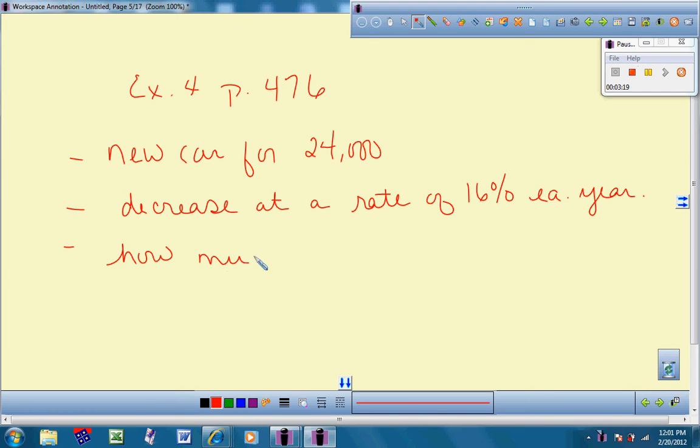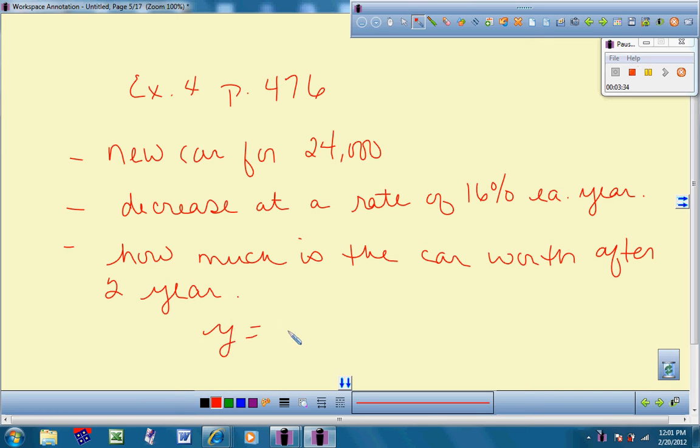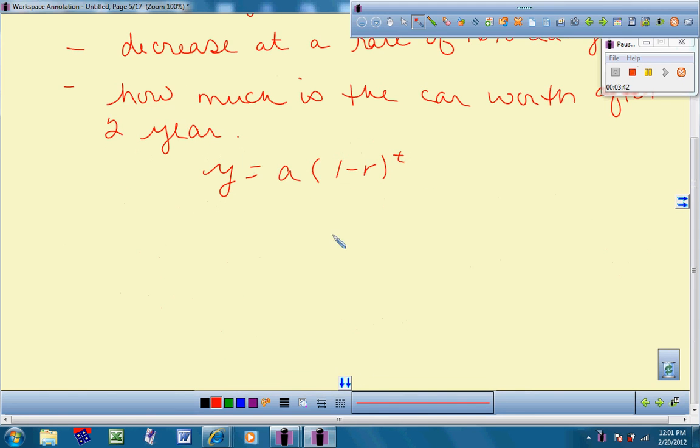Alright, so we're going to use the following model. Y is equal to A times 1 minus R raised to the t. Remember, A is your initial amount, your beginning value, starting number.